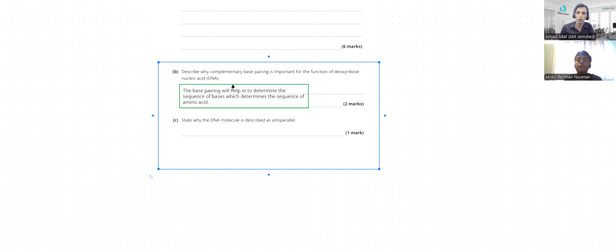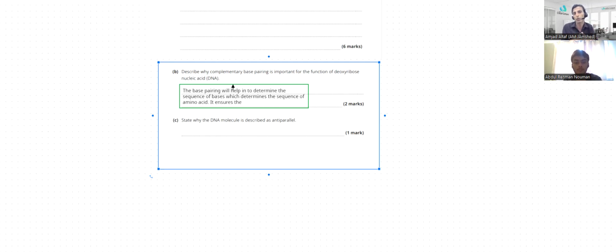First, talk about the replication process. The second thing is that it has to replicate as well, so we need to add that point too. It ensures accurate replication of the DNA. How does it ensure this? Just by matching the specific base pairs, like adenine with thymine, cytosine with guanine.